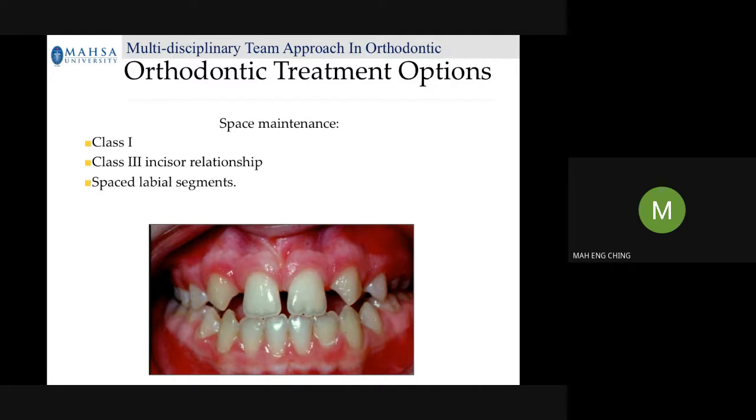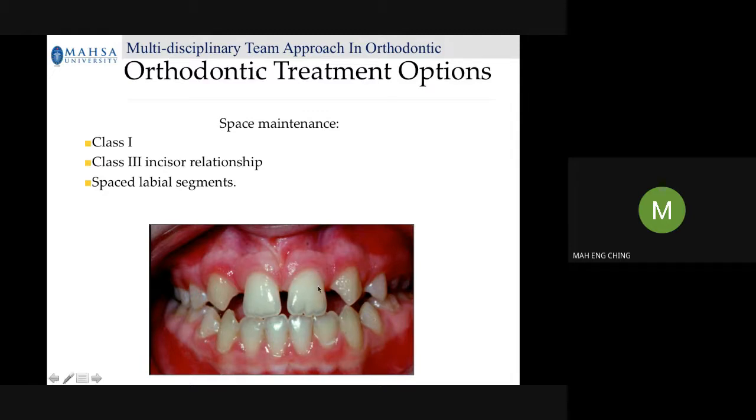Spaced labial segment. Let's say there's so much space. If you close it, it might not be stable. Like the slide we showed you before, the teeth need to be in a stable position, from the labial, lingual, upper and lower. These forces must be balanced to maintain the tooth positions.